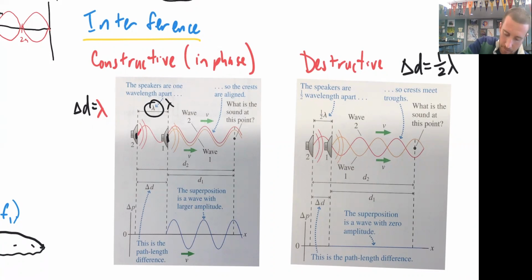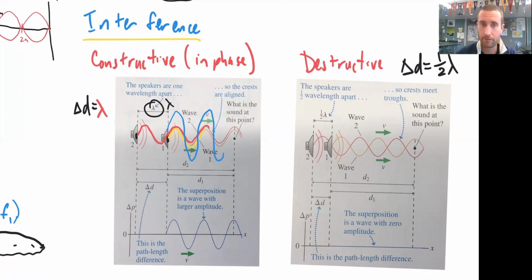So after this speaker goes through one full wave, it adds to the second speaker, and they are perfectly in line with each other. So they add together, and they go double high, double low, double high, double low, etc.